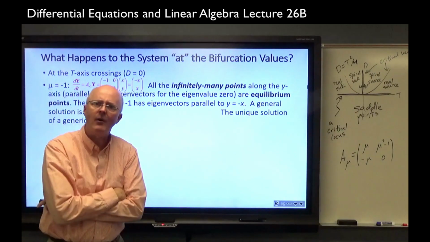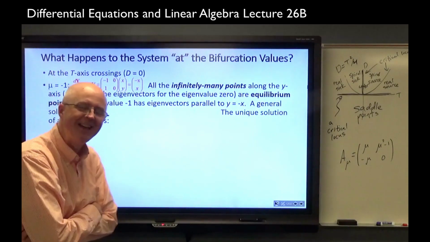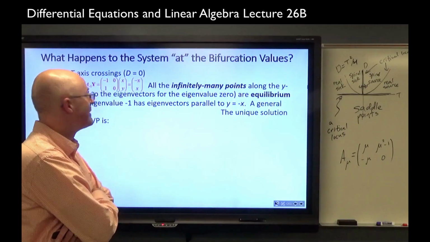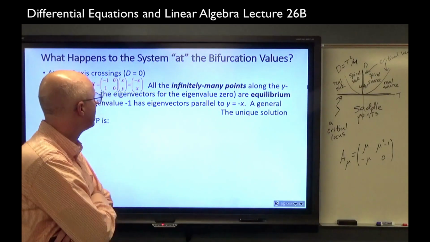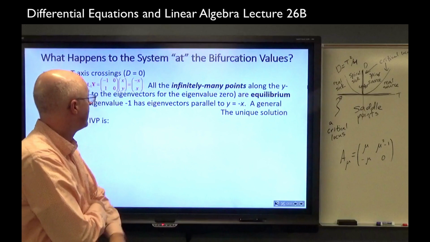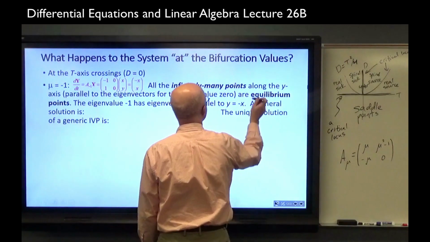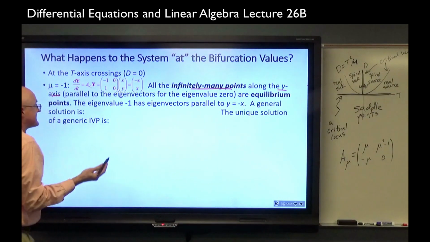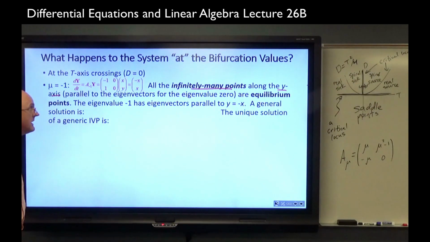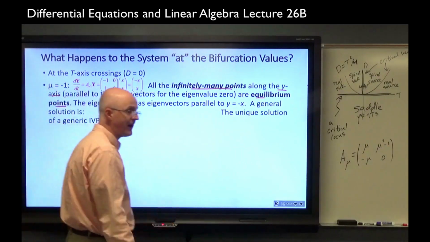If x is 0, that's the 0 vector, no matter what x is. Excuse me, I should say, if x is 0, that's the 0 vector no matter what y is. The infinitely many points along the y-axis, where y can be anything and x is 0, are all equilibrium points because they make the output of the vector field the 0 vector.